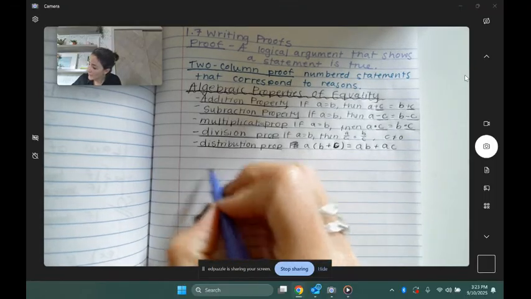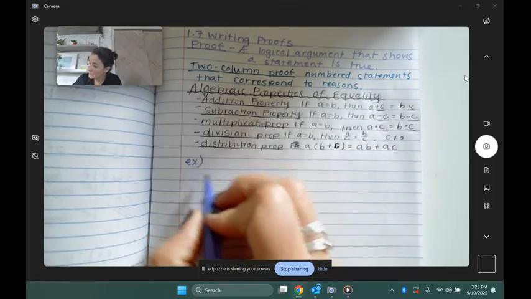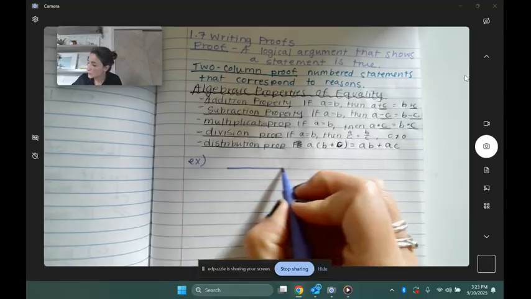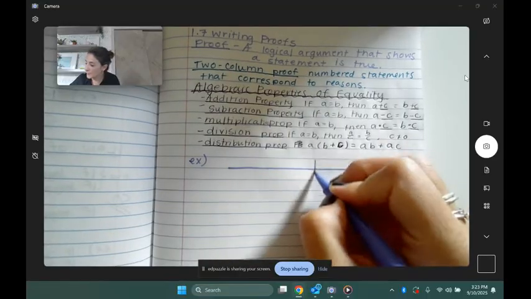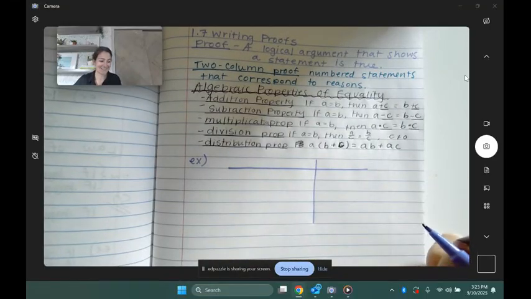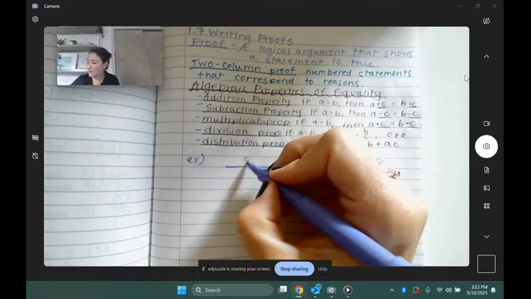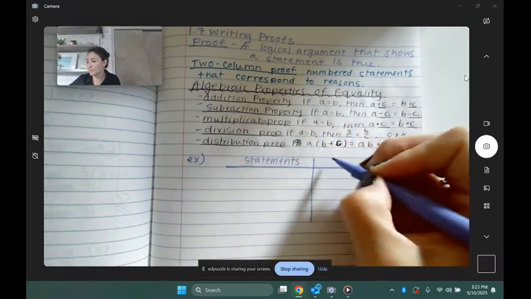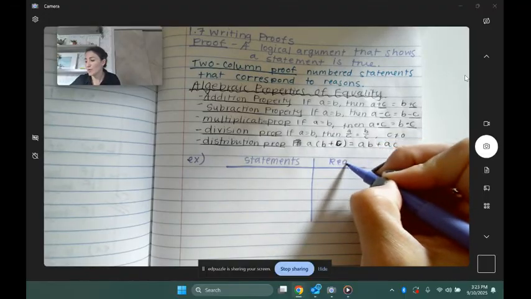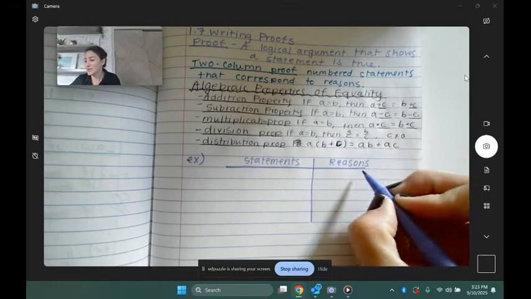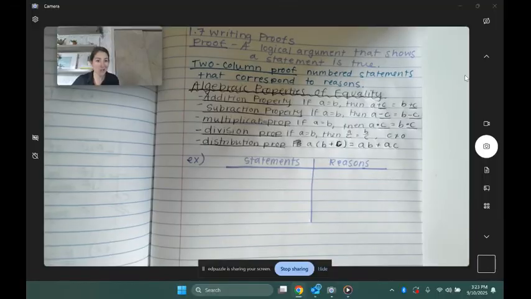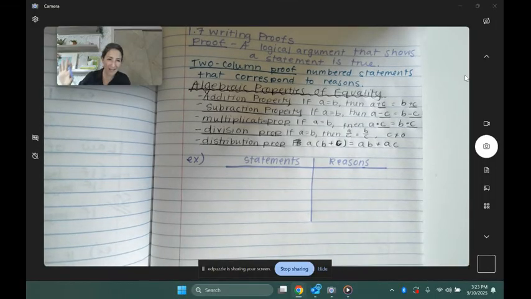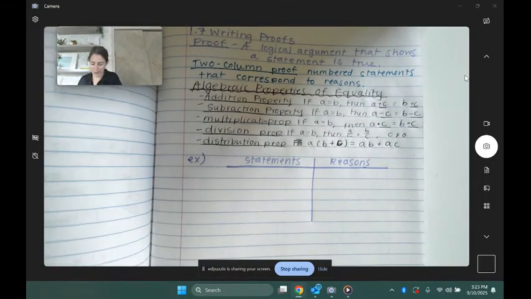All right, so I'm going to pop this into an example of a 2-column proof. Over here I'm going to have what's called statements, and over here what's called reasons. Each statement needs a matching reason. We're going to keep organized with this flow chart, if you will.